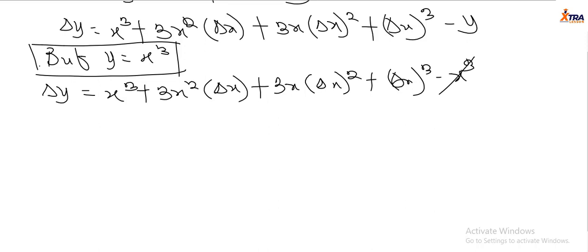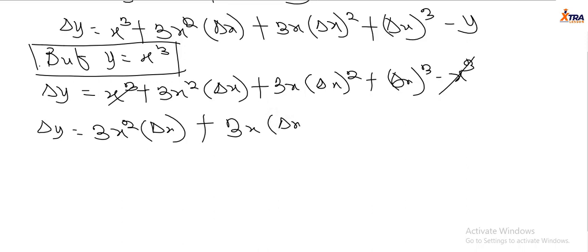So we cancel this, and we have delta y equals 3x squared delta x plus 3x delta x all squared plus delta x all to the power 3.